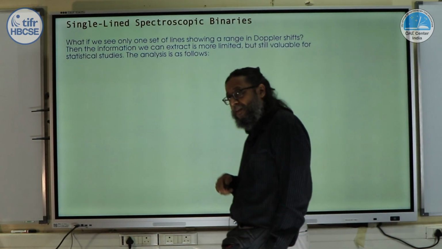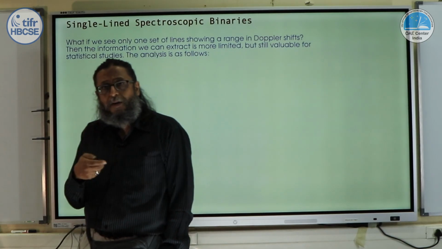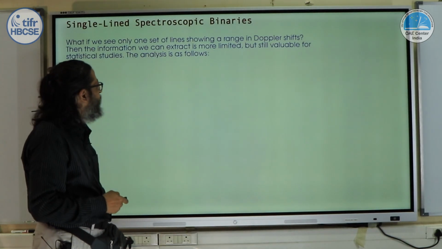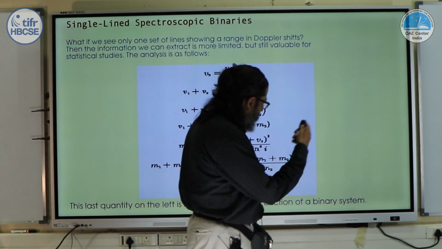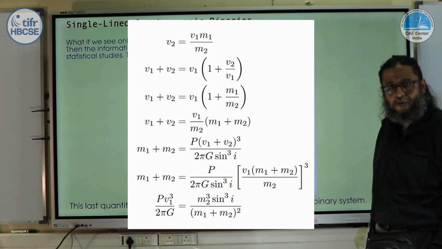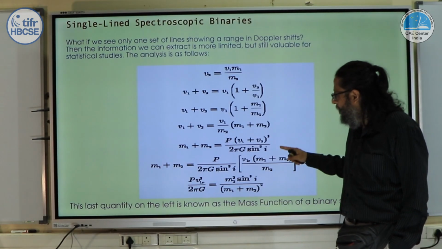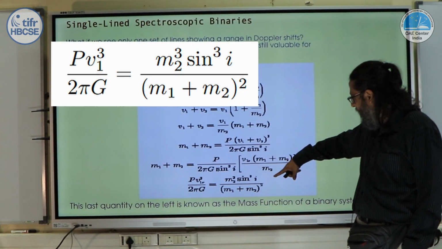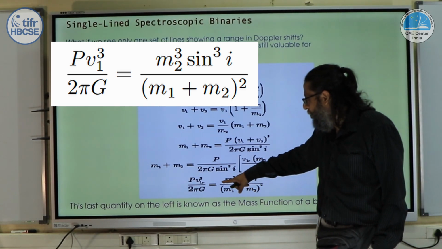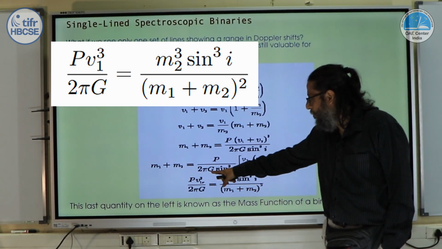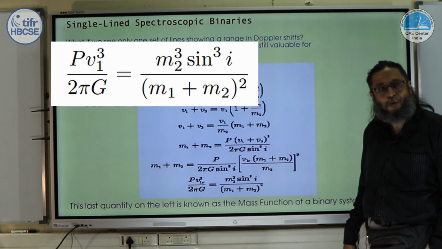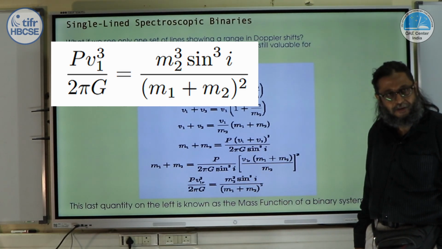But there also it is very useful to measure these quantities from the Doppler shift, because if you go to the mathematics of the binary star system, remember that we have solved the mass function of the binary star system. And the mass function is dependent on the sine cube of i, right?